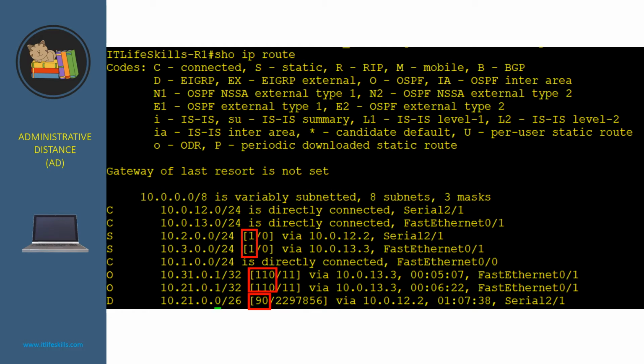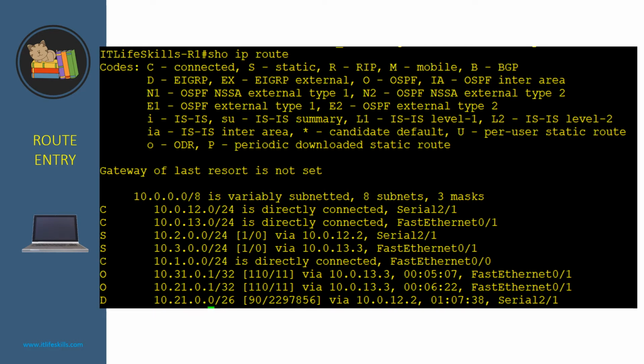Therefore, connected routes are always in the routing table. And if there is more than one learned route for the same subnet, the static route will be promoted into the routing table first, then EIGRP, and after that is the OSPF route. However, we can manipulate the administrative distance of the learned routes to influence which routes get into the routing table.